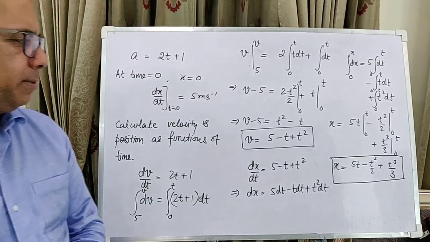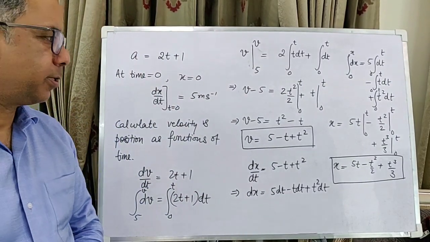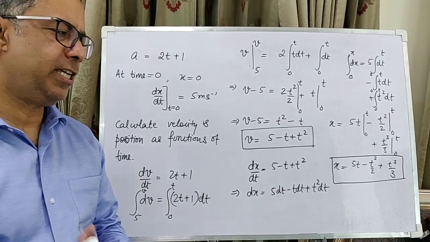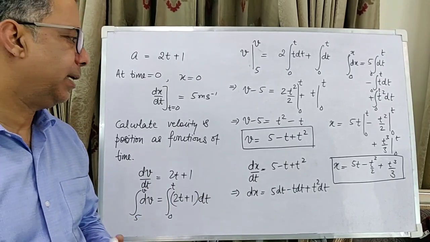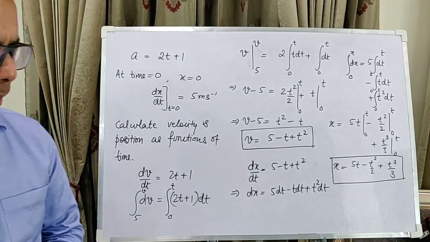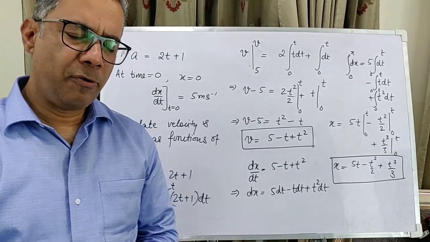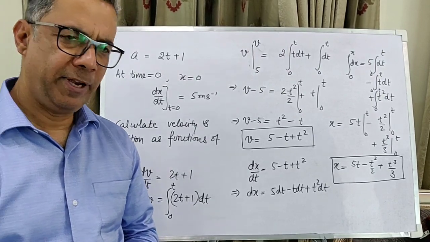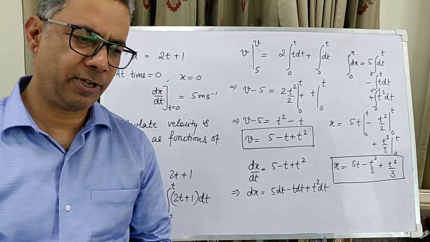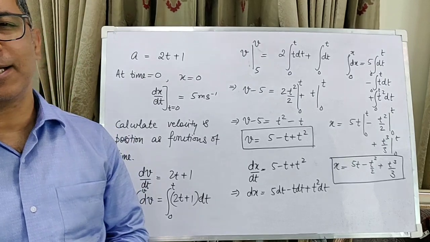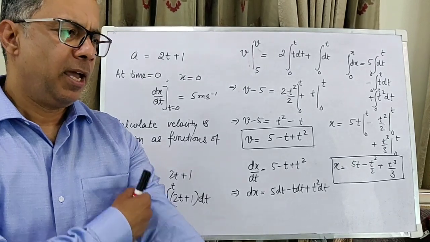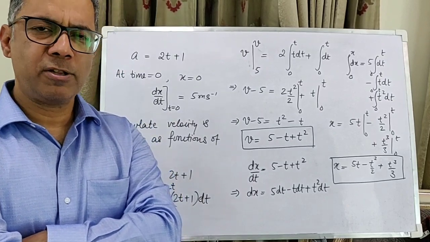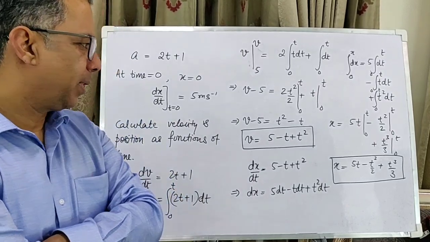So this is a general workout on acceleration and the relations between v and t, x and t, and a and t. In our next session, we will have a focus on what we call the uniformly accelerated straight line motion. And uniformly accelerated straight line motion is actually motion with a constant acceleration.